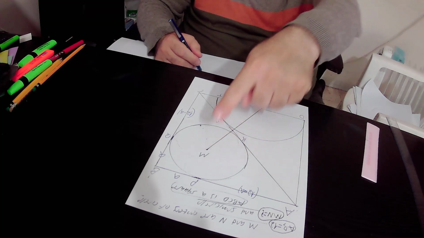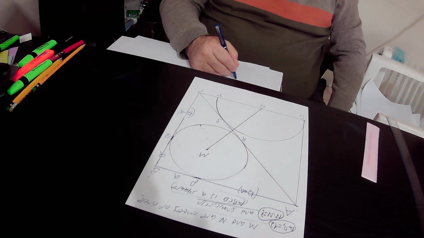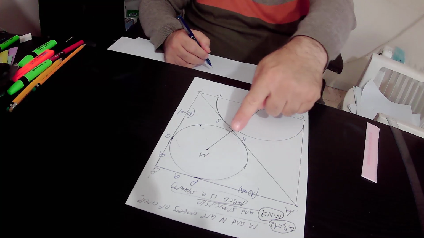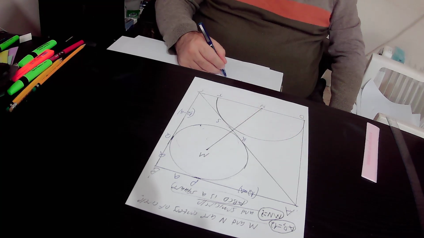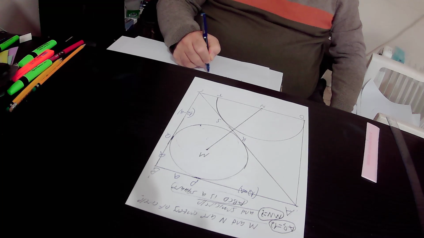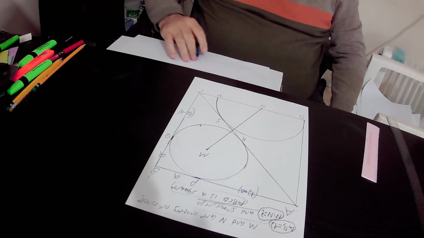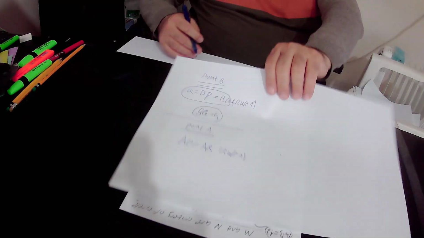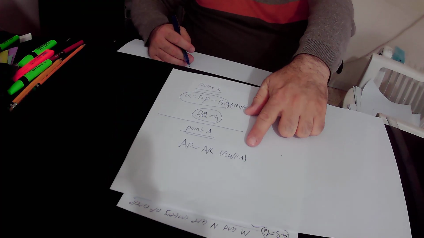We have tangent AP, the first tangent, and we also have tangent AR to this circle. According to rule number 1, the lengths of those two tangents are equal to each other. That is to say, AP is equal to AR.